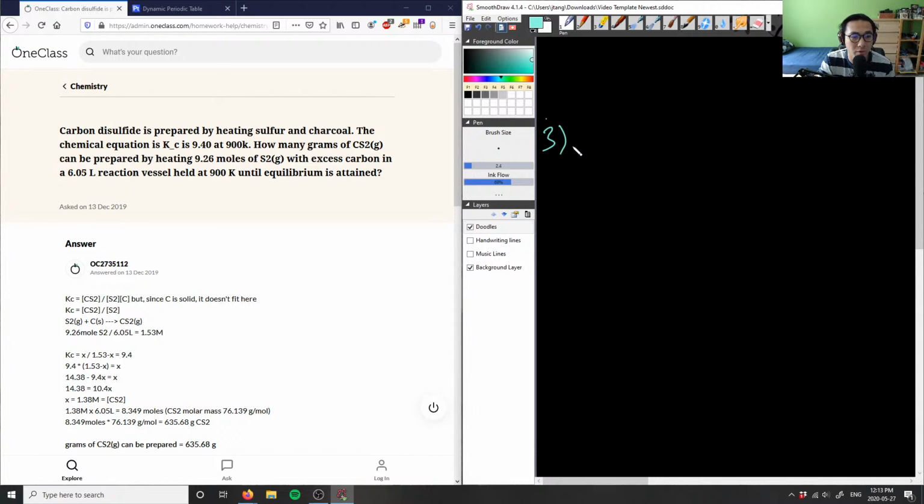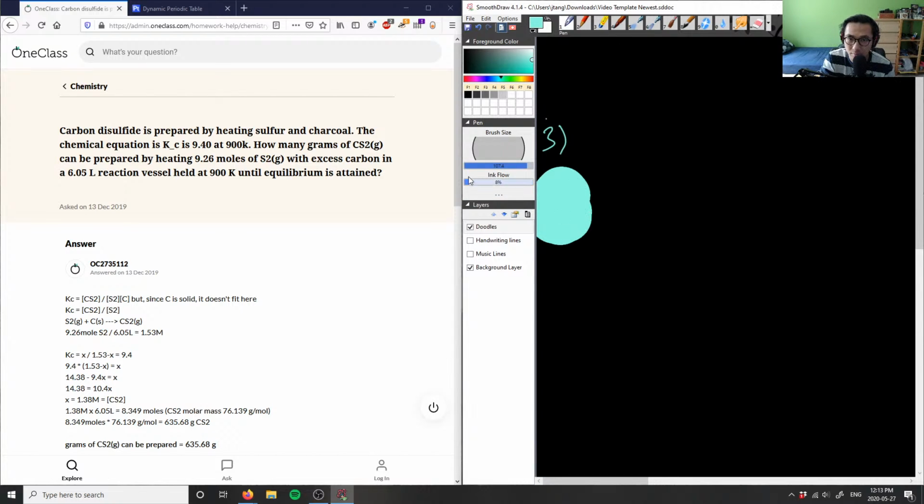Okay, so what we're going to do first is look at the chemical formula. We are heating S2 with excess carbon here. So I'm going to write our chemical equation.